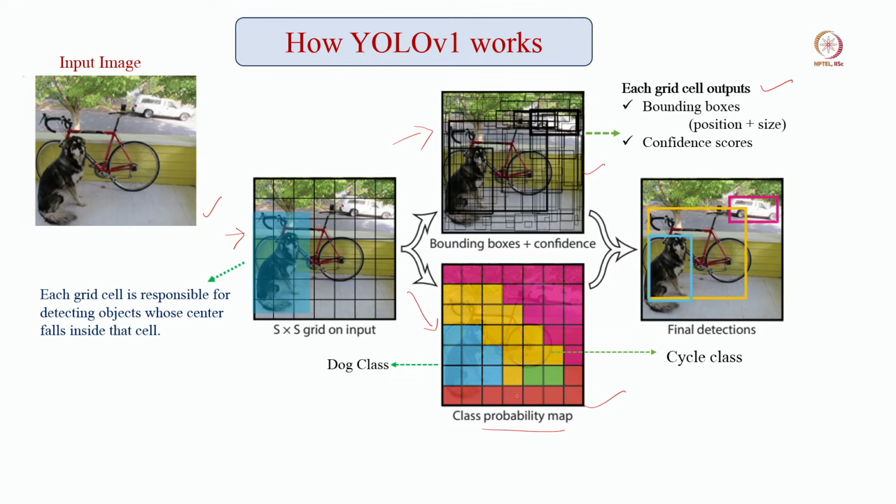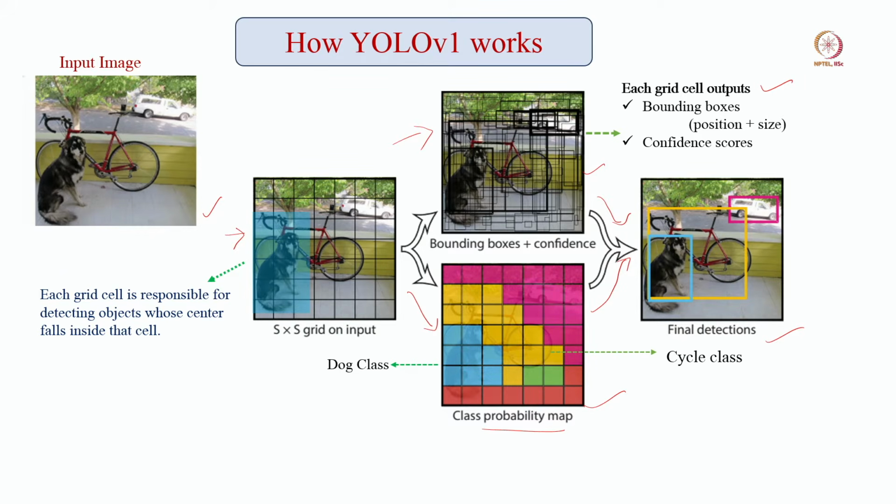After the class probability map is done, the bounding boxes plus confidence score and the class probability map join together to give the final detection. In this final detection, the dog is in a blue bounding box, the cycle is in a yellow bounding box, and the car is in a pink bounding box.